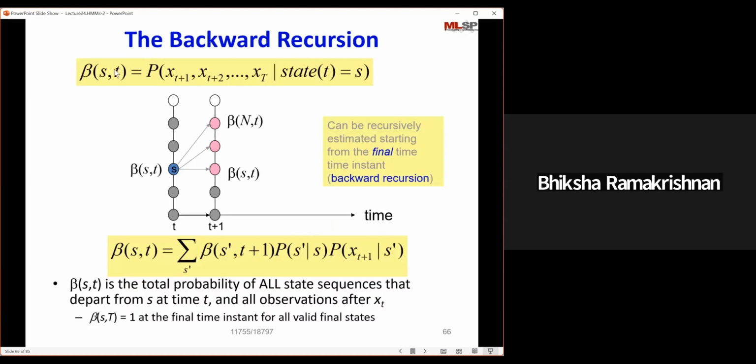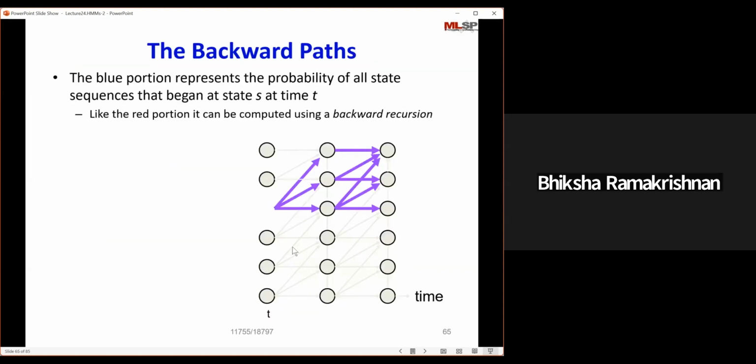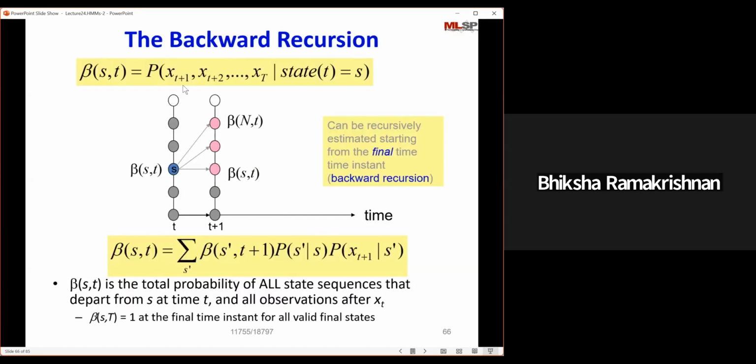So this is the beta, I'm going to call it beta. So beta S t is the probability of generating all observations from time t plus 1, given that the process is currently in state S at time t, right?